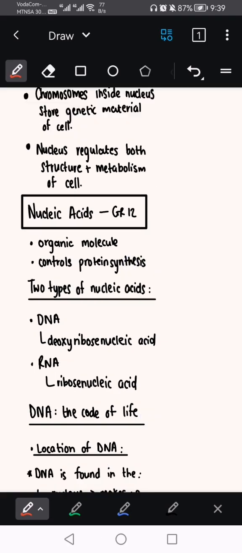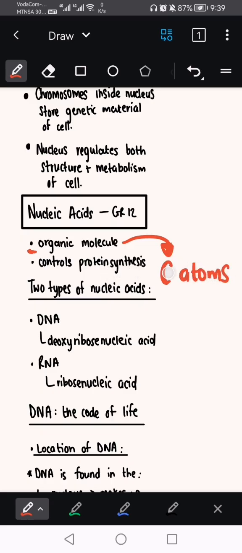Now, what we are actually starting with in grade 12 is something called a nucleic acid. Right? Now, a nucleic acid is an organic molecule. For those of us who do organic chemistry, we will know that it's an organic molecule because it contains carbon atoms.